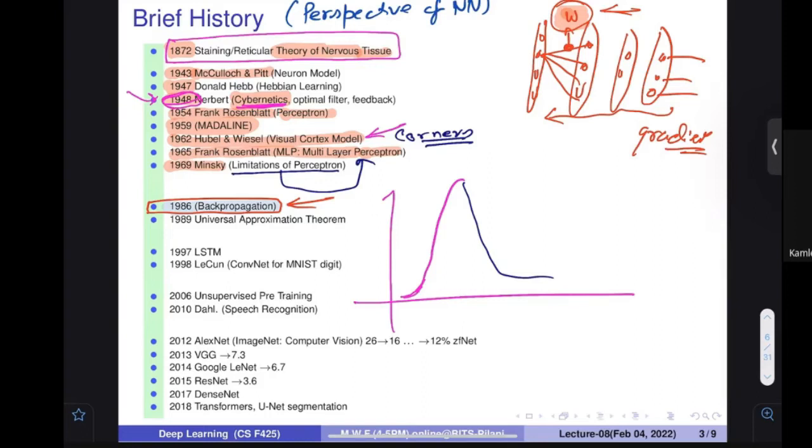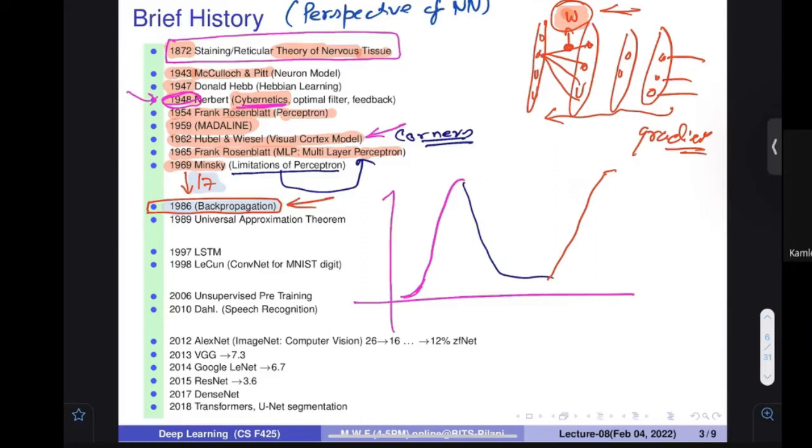Again, these things will come in much more detail in later classes. Because of those reasons, it became very difficult to train more than 4 layers, but at least up to 4 layers it was possible. So again people started developing interest in the domain, and it was a very good time. And you can see that from 69 to 86, it was a huge gap of 17 years when nobody was talking about neural networks, and they were thinking that neural networks had actually died.